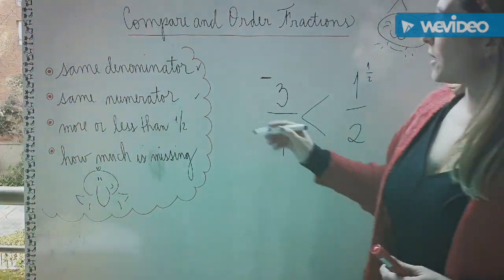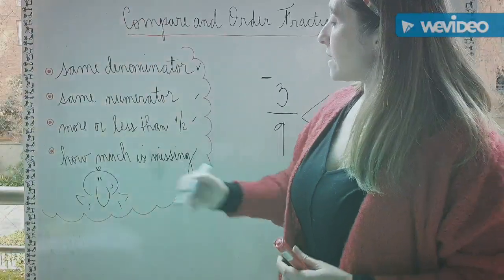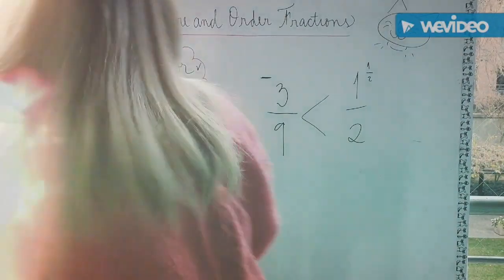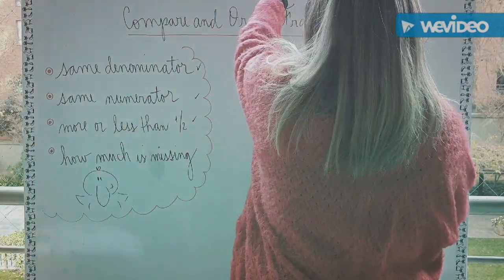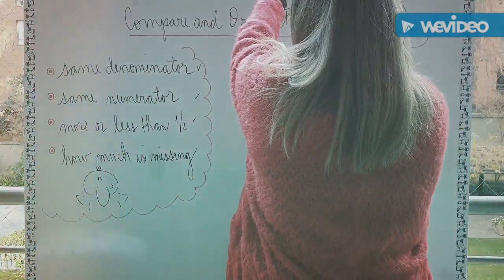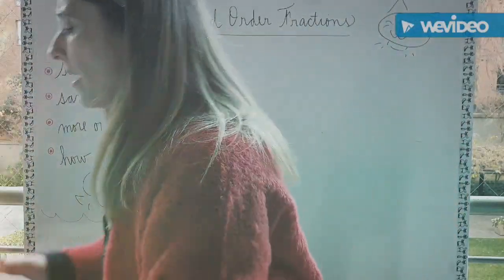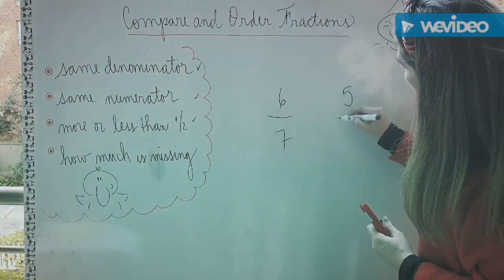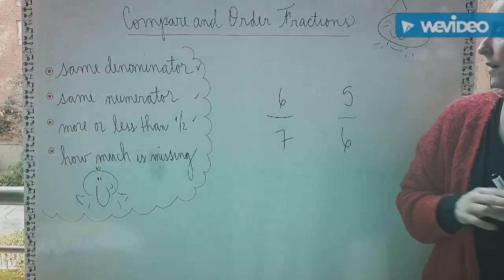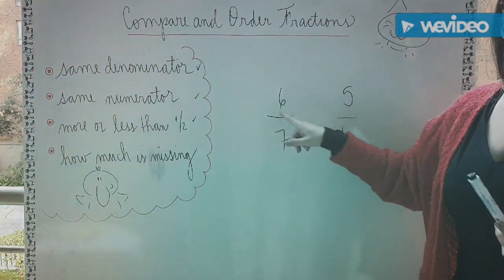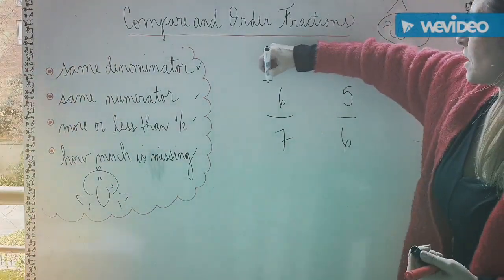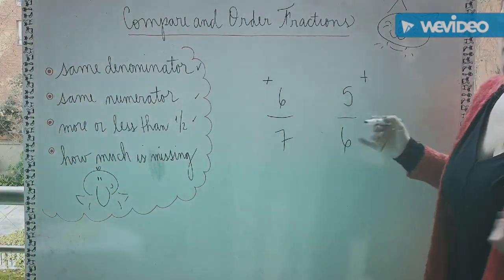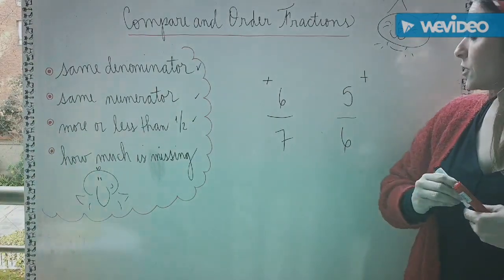Okay? But we are going to need a new case, when the numbers are both similar. Let's see. For example, I've got 6/7 and 5/6. The half of 7 is 3.5, so this one is bigger, and the half of 6 is 3, and I've got 5, so this is bigger. Both are bigger, so what do I do?